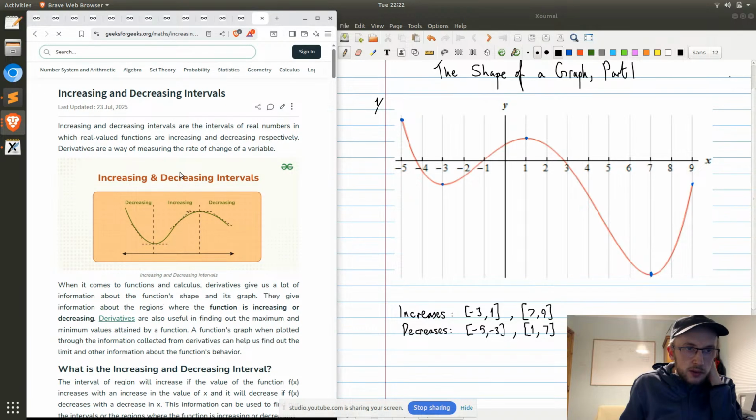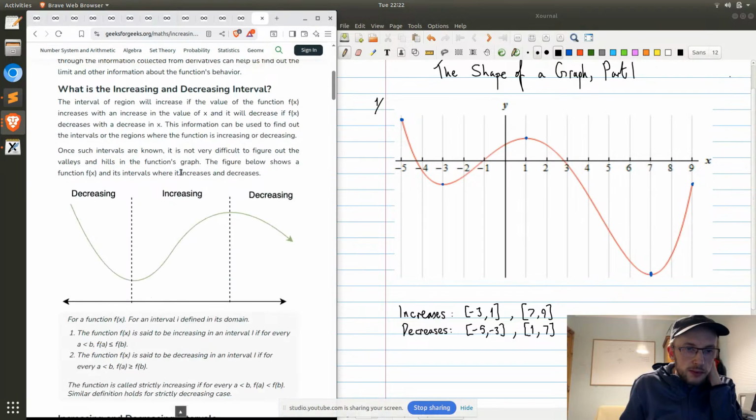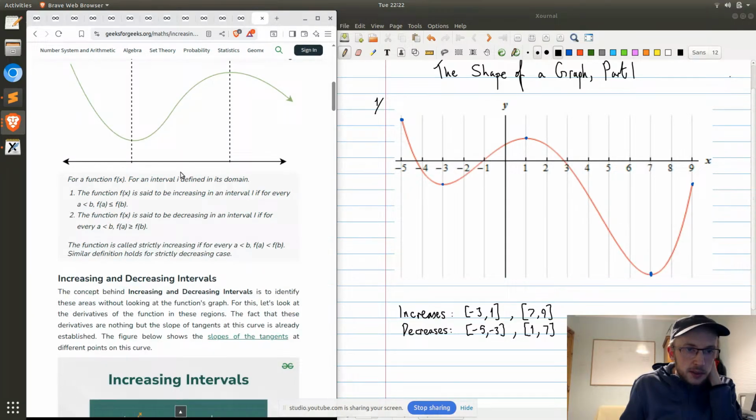Okay, this source, Geeks for Geeks, tends to be pretty good.